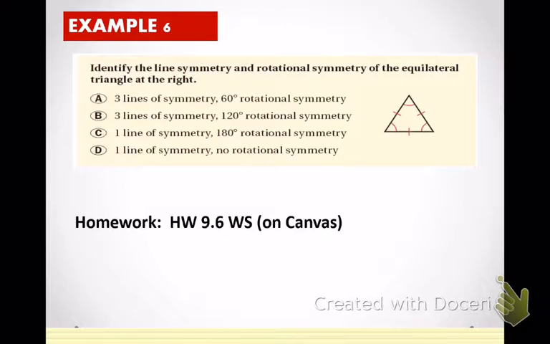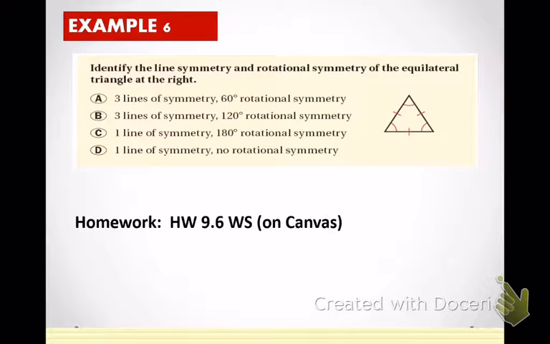All right, so identify the line of symmetry and rotation symmetry of the equilateral triangle. Which one do you think it is? What do you think, Brandon? 3 lines. Okay, 3 lines is correct.